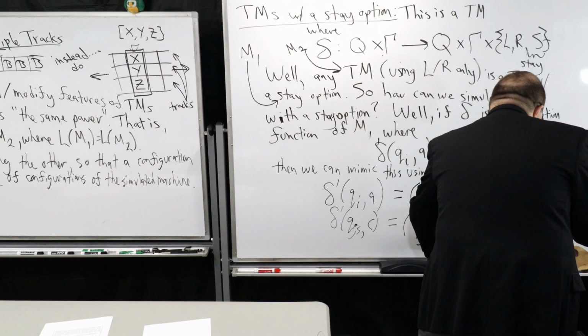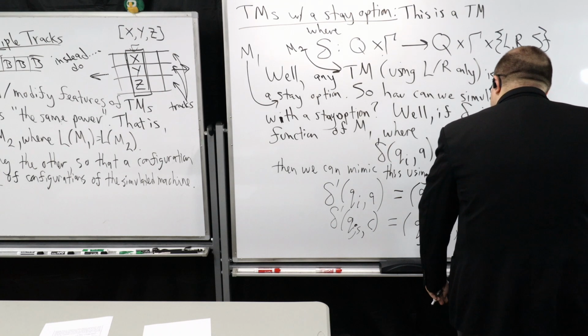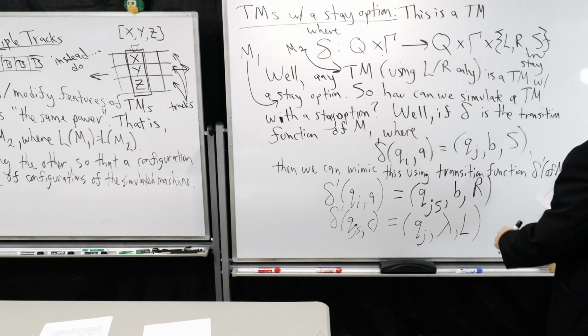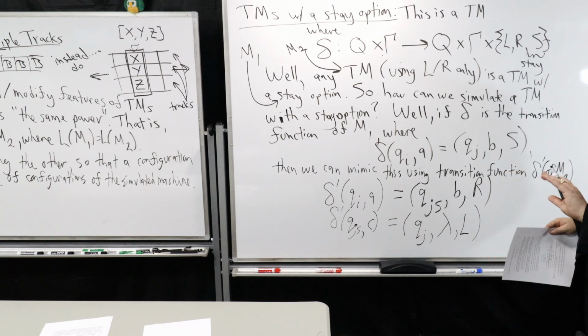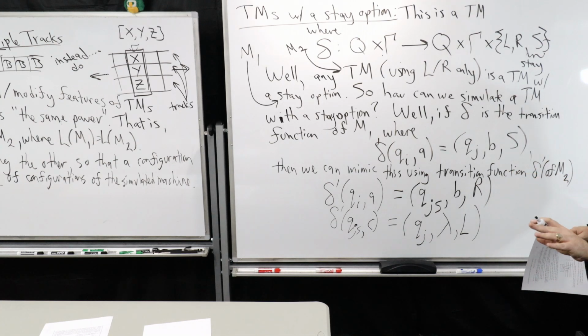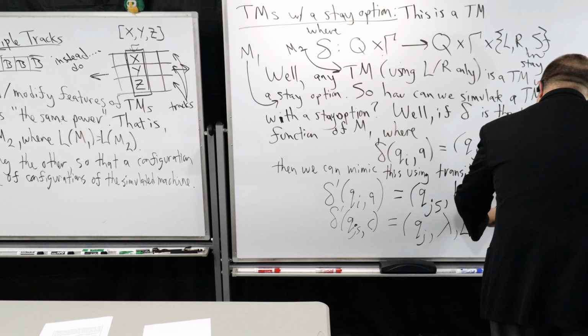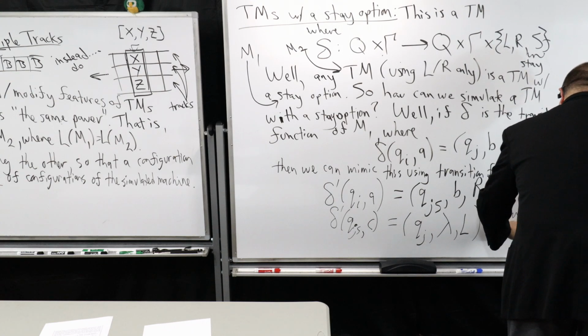It'll write lambda and then go back left. So if you're wondering what lambda is, it's just any symbol. Whatever symbol was there before, you just make sure you don't touch it, okay? So you do this for every lambda in the tape symbols.